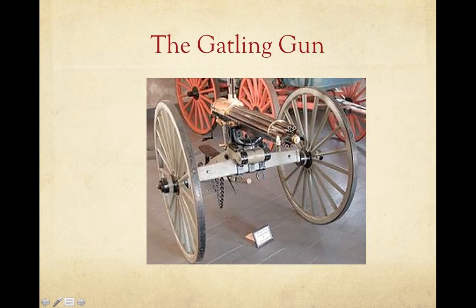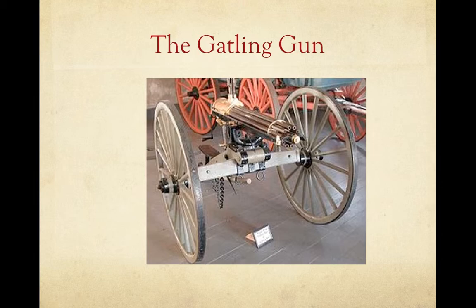And a Gatling gun has this series of barrels that turned individually on this crank. So basically it had a hammer that would hit each of these barrels, and it could be belt fed, and the faster you cranked this, the more bullets it would shoot. And this was essentially a very early machine gun.